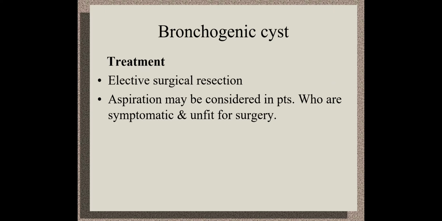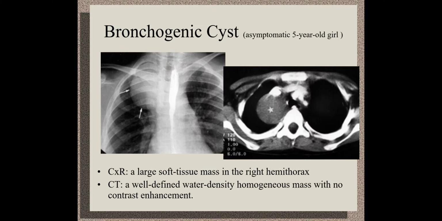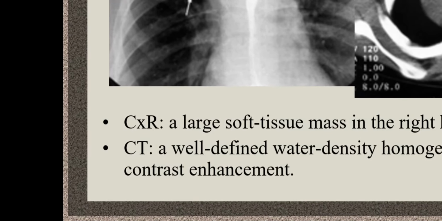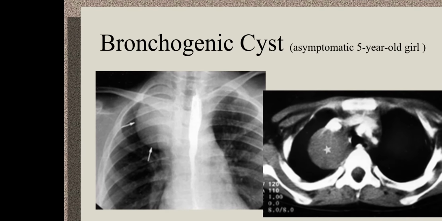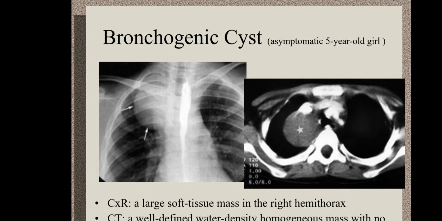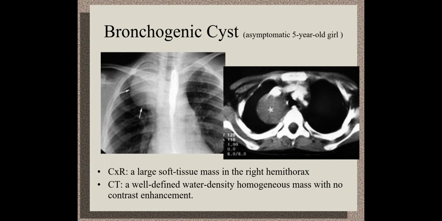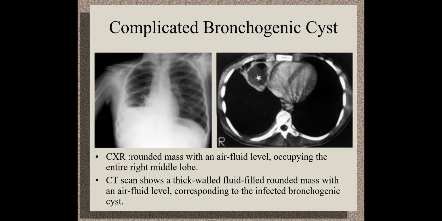Barium swallow may detect esophageal compression. Treatment: elective surgical resection. Aspiration may be considered in patients who are symptomatic and unfit for surgery. Examples of bronchogenic cyst: this chest X-ray shows a right-sided upper zone mass, and CT shows a well-defined, water density, homogeneous mass with no contrast enhancement.